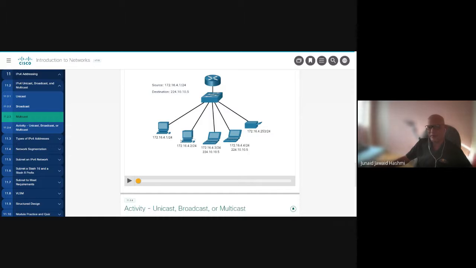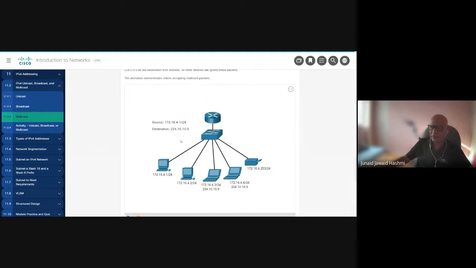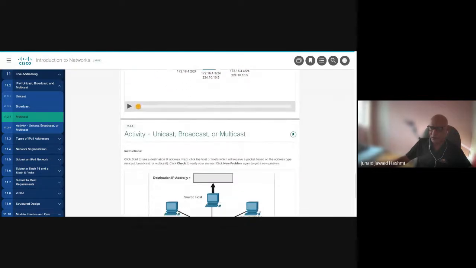All right. For example, a gaming application uses multicast addresses. Okay, why is it important to know all these unicast, broadcast, or multicast addresses? Again, for troubleshooting purposes, if you have a lot of broadcasts on the network, that can bring down your whole network or slow down the network.